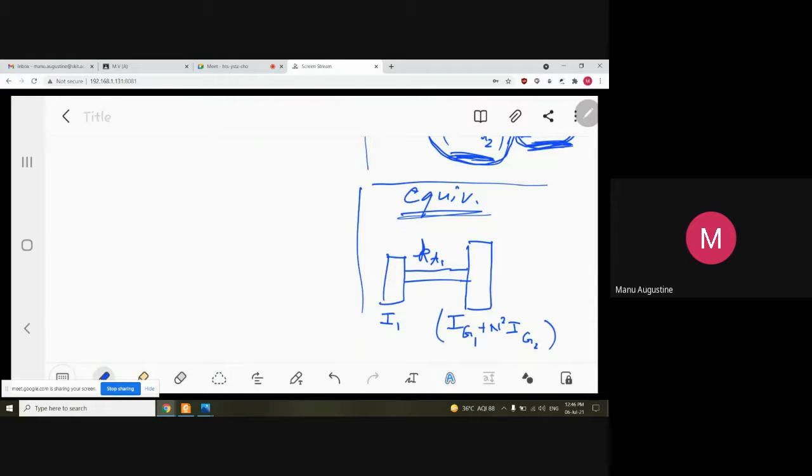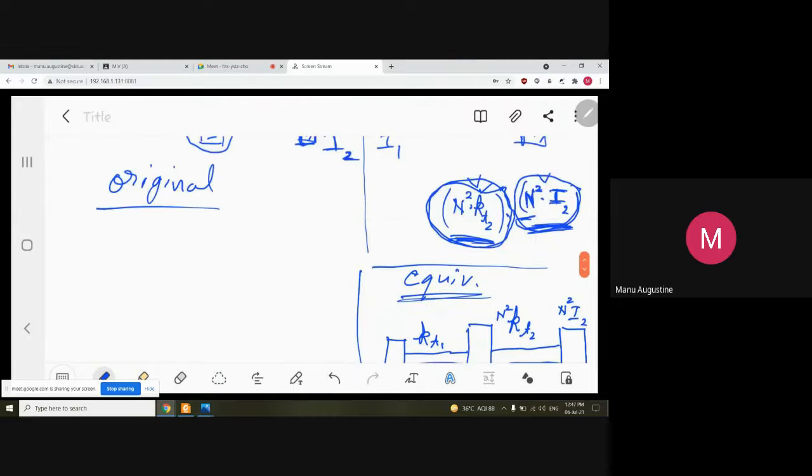This is the total replacement equivalent rotor. On the secondary or driven side, the new stiffness will be n square KT2. The new inertia will be n square I2. This is how you make the replacement.